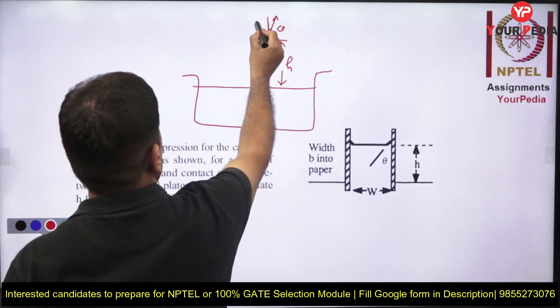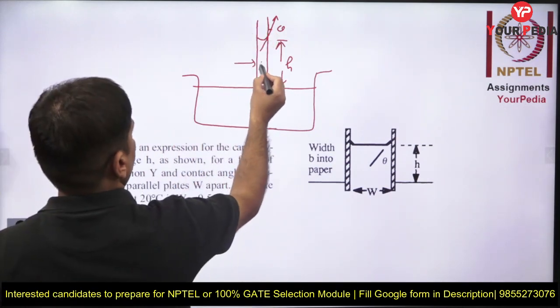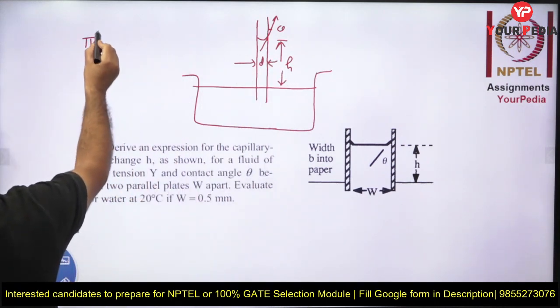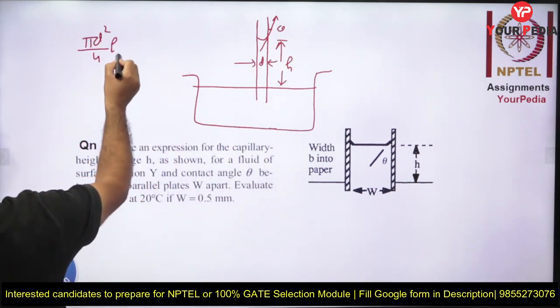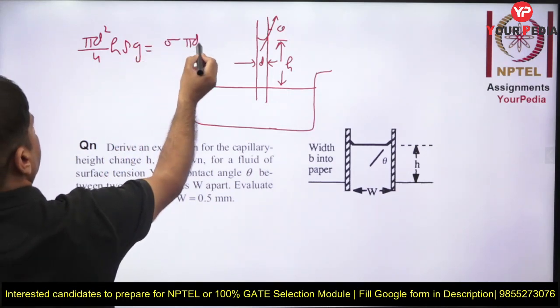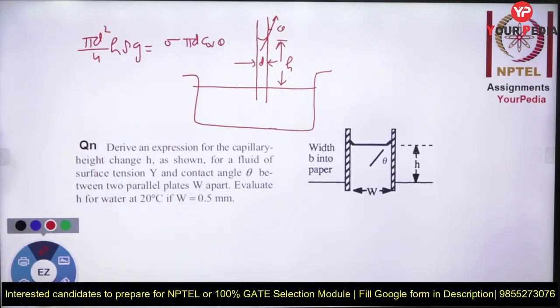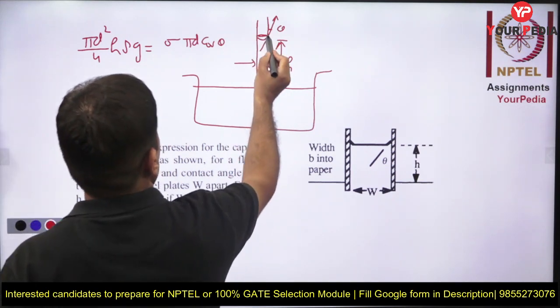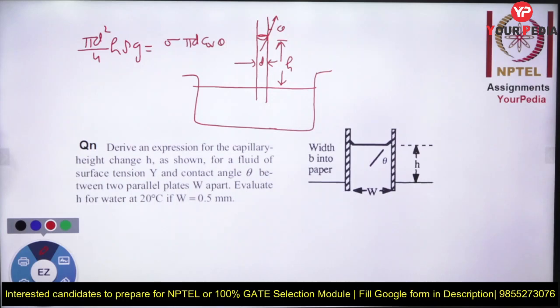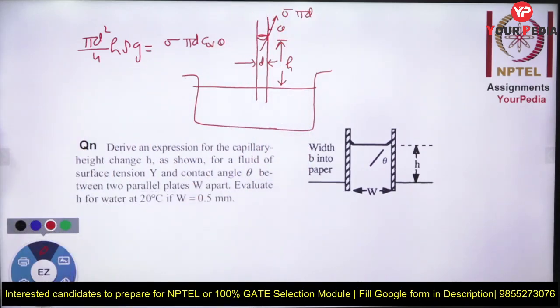How do you calculate normally in the capillary tube? You know that. Let us say the diameter of the tube is D. You all have done that. So pi d square by 4 into h into rho into g is the weight, and sigma into pi d into cos theta. Sigma is the surface tension, and pi d is the perimeter at which surface tension is acting, at the angle of contact theta, and one component of that acts vertically, cos theta.